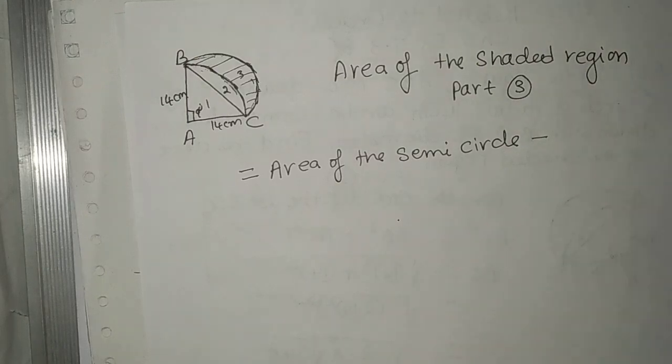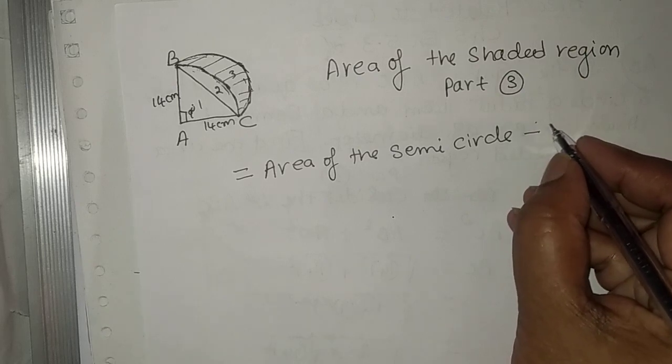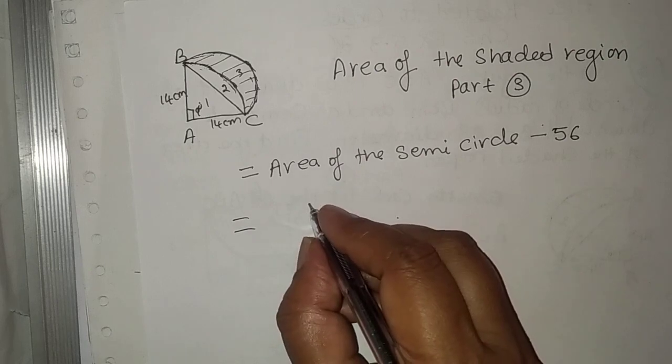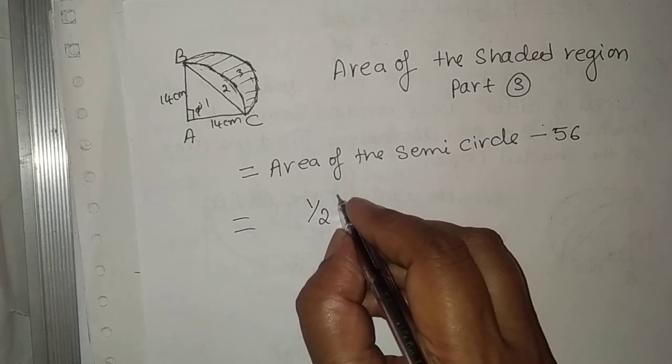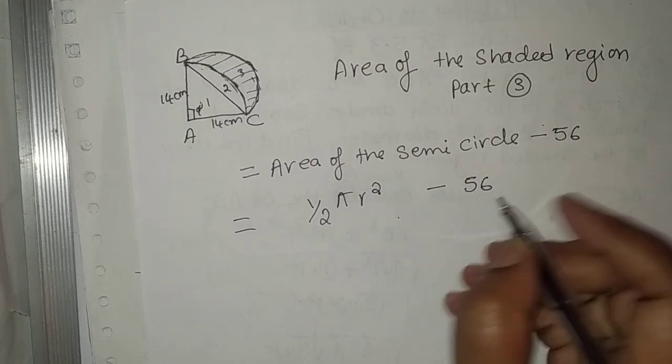Minus 56. So we'll substitute the values: half into pi r square minus 56.